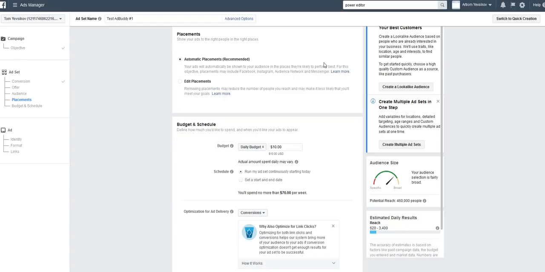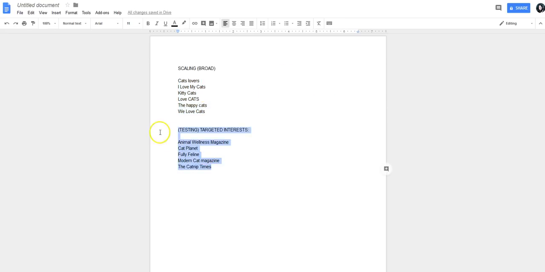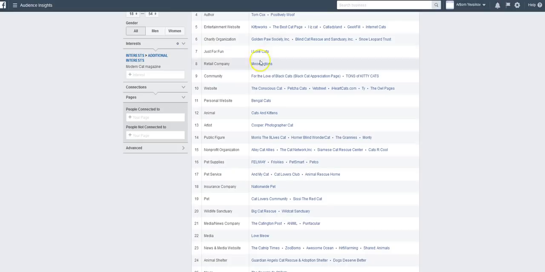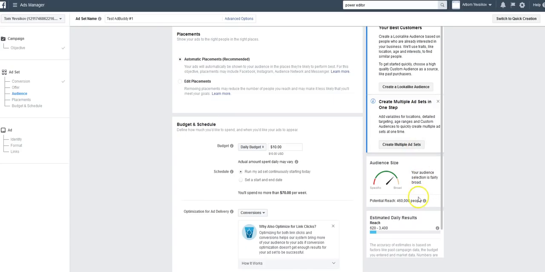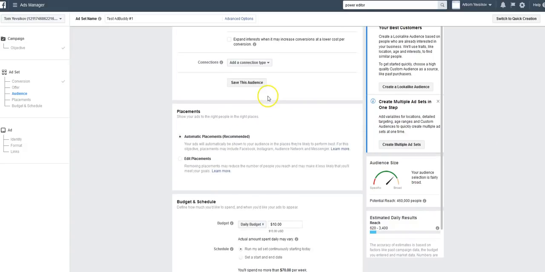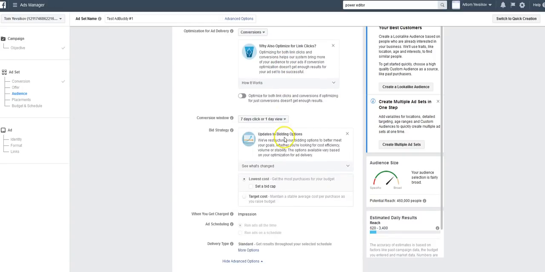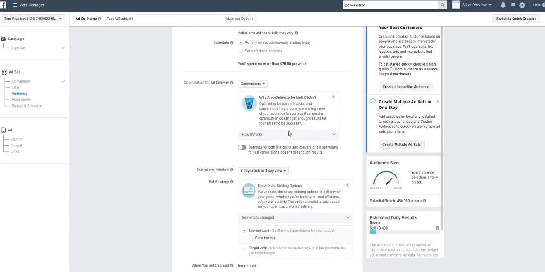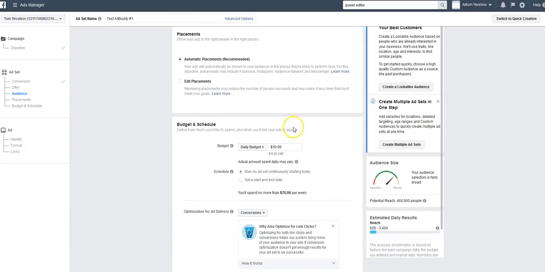Depending on how deep you go, you can really find some amazing gems. But what we have here already is perfect. It's perfect to get started. 460,000. That's fair, to get started. I would go for 1 mil, but 460,000 is great. And you just keep creating your ad, and that is it. That's how simple it is, my friend.